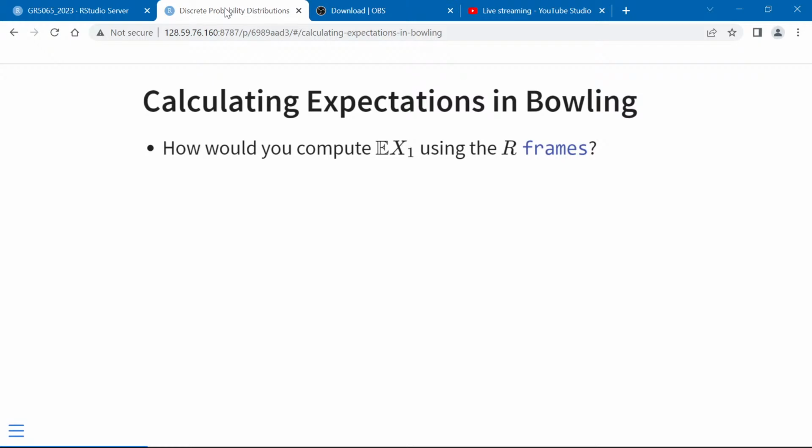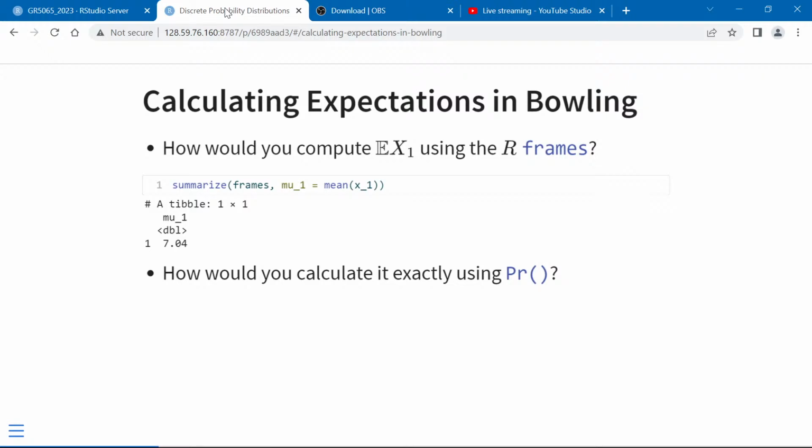How would we compute the expectation of the first roll of a frame of bowling? Yes? Would you just multiply each entry in that column by 1 over 10 million and then take the sum? Yes, could do that, or more directly, you could just call the mean function on the x1 column, which does the same thing. Like I said, comes out about 7.04.